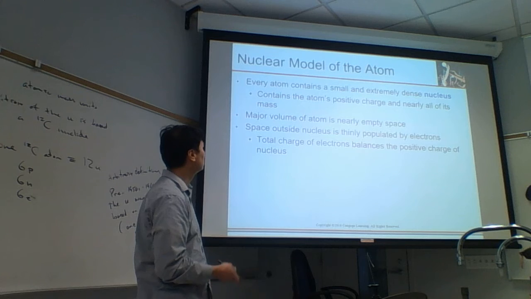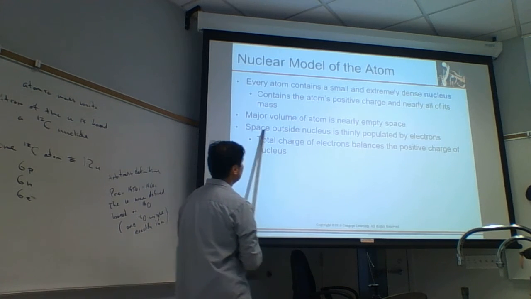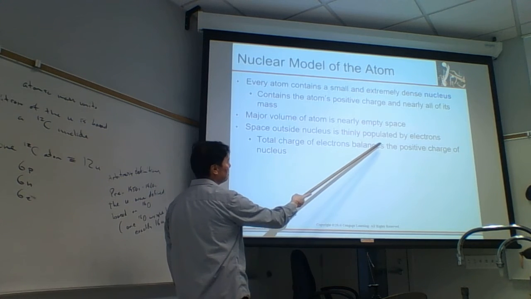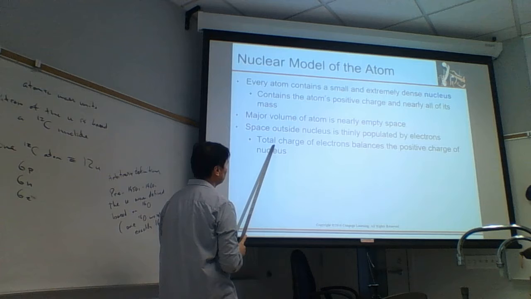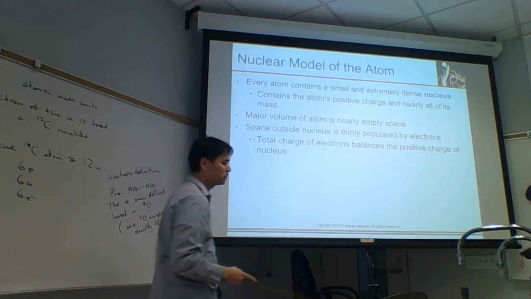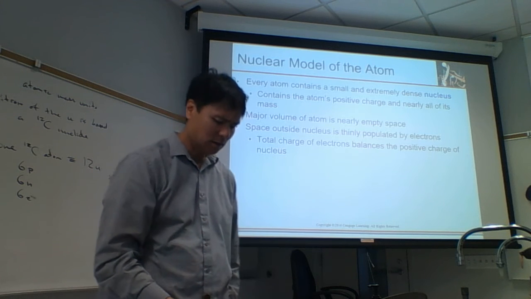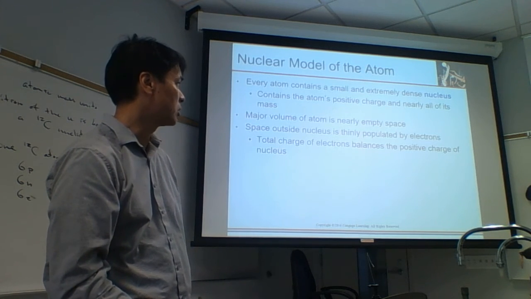The major volume of an atom is nearly empty space. The space outside the nucleus is thinly populated by electrons, so the electrons sparsely populate that. The total charge of electrons balances the positive charge of the nucleus. So the number of protons and the number of electrons are equal, and that's the way we maintain what we call electrical neutrality.